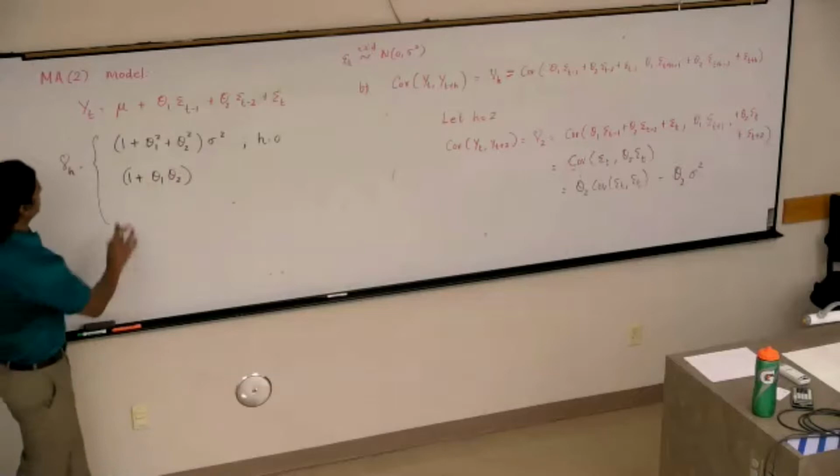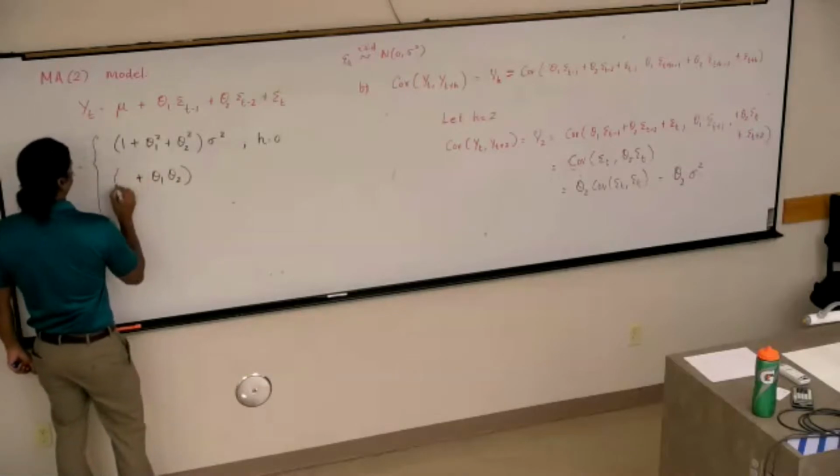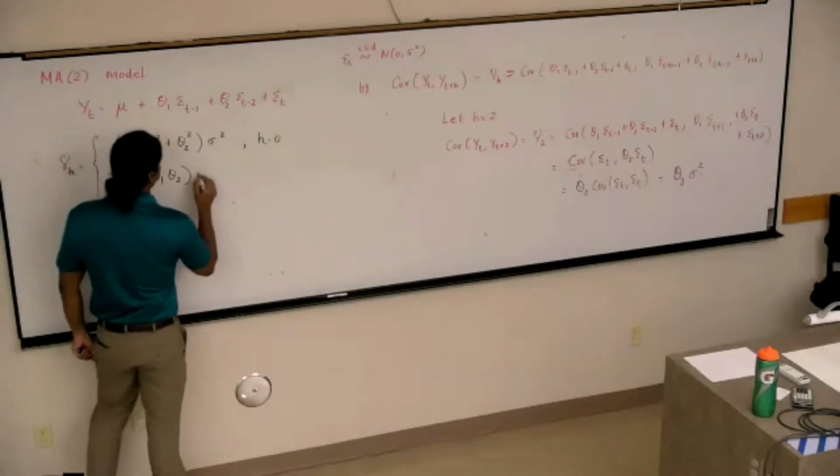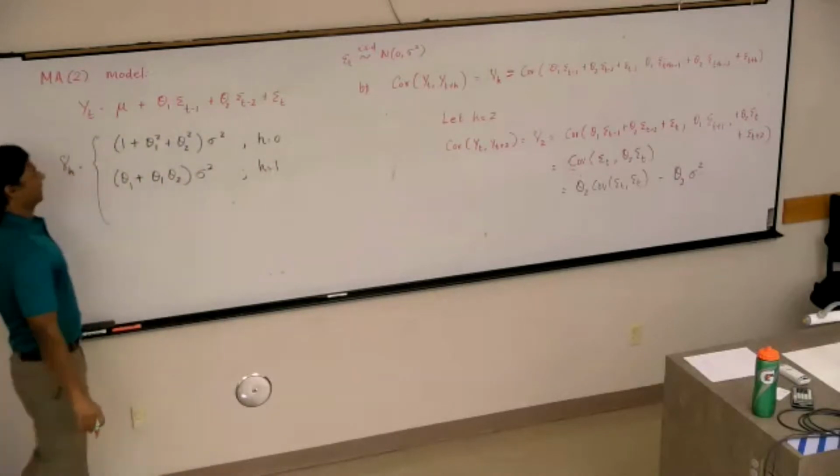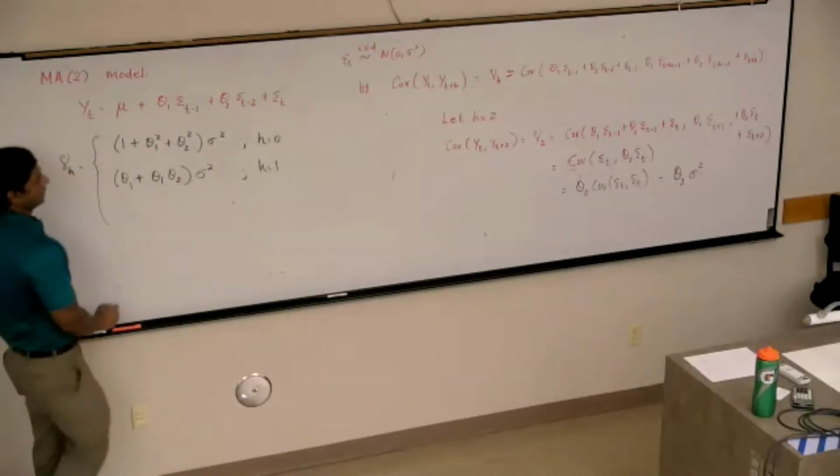Theta 1 plus theta 1 theta 2, multiplied by sigma squared, when h is 1.